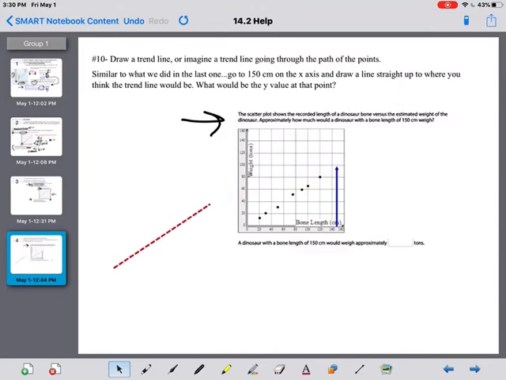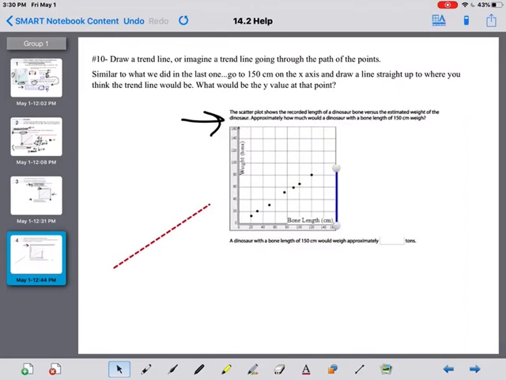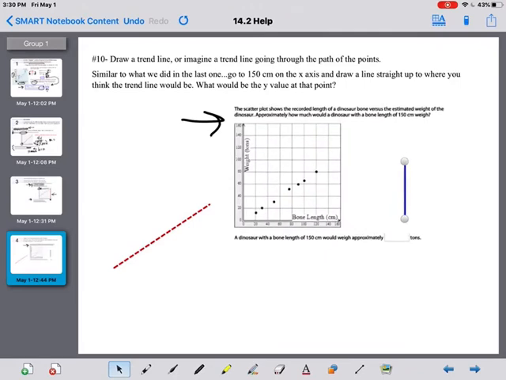The problem here originally doesn't have a line of best fit or a trend line drawn in. So you almost have to picture what a trend line would look like on here. I'm only starting at 0 again because you're talking about the bone lengths and the weight. So obviously if you don't have any bones, it can't have a weight. So 0, 0 makes sense for this problem.